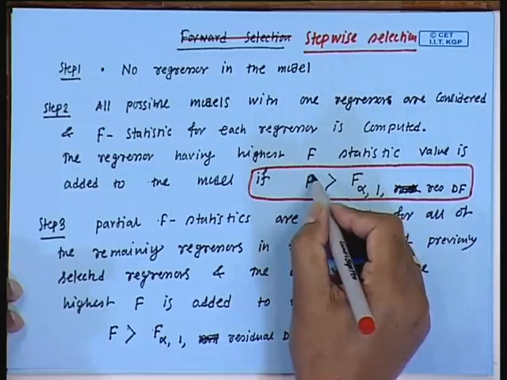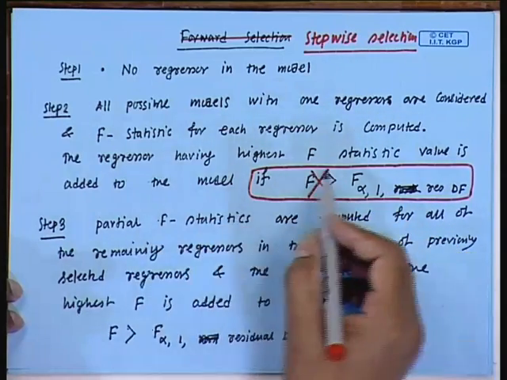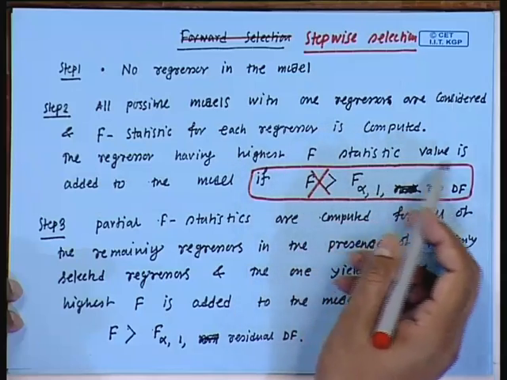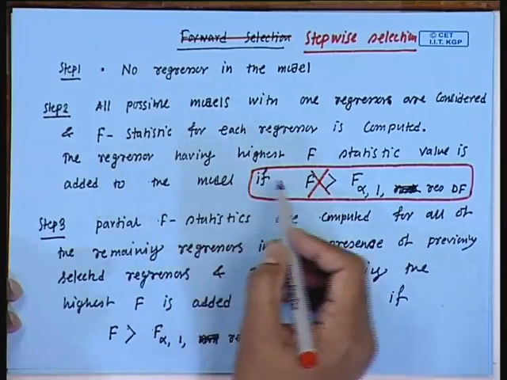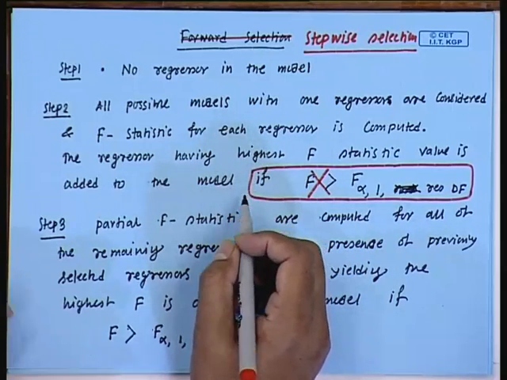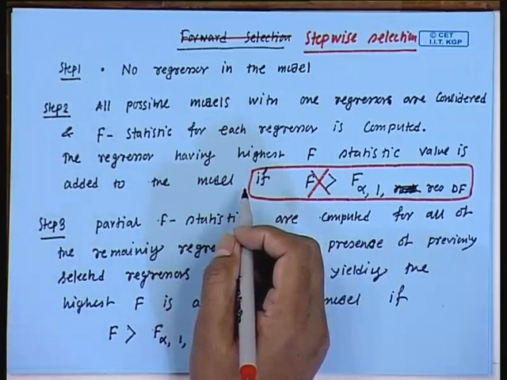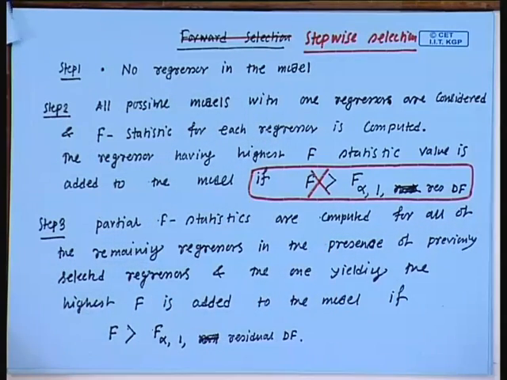So, you do not need to check this condition. The highest F statistic value is added to the model. If you can recall, in the last example x4 had the highest F statistic value, and that was included in the model.